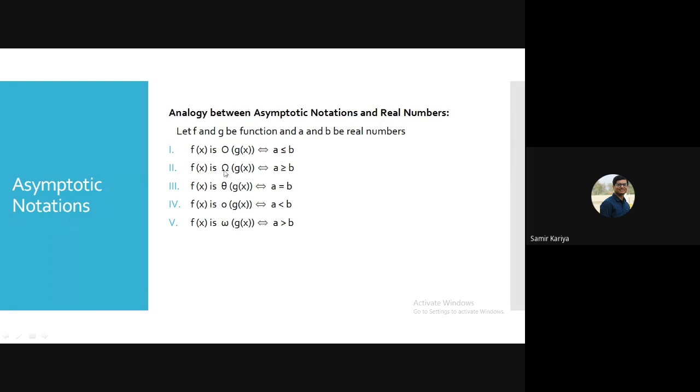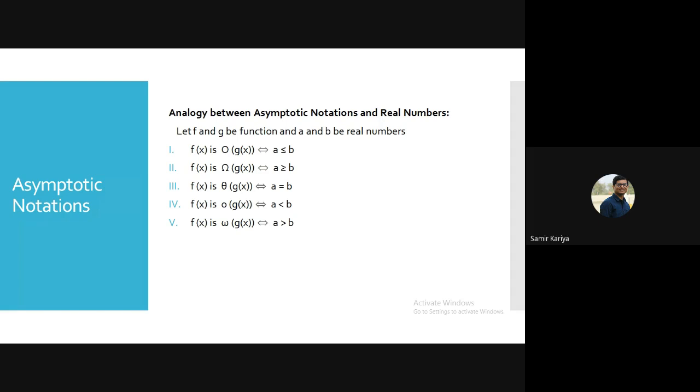Similarly, if f of x is big omega, so you can write here a greater than or equal to b. If it is theta, that must be equal. Small o, a less than b. So you just simply remove the equal to sign, and small omega, then a greater than b. So this is the analogy between asymptotic notations and real numbers.